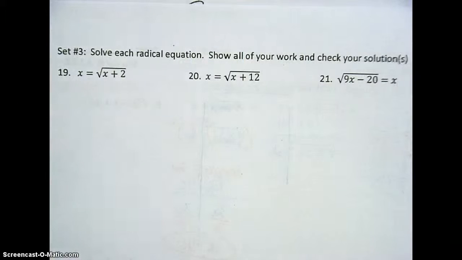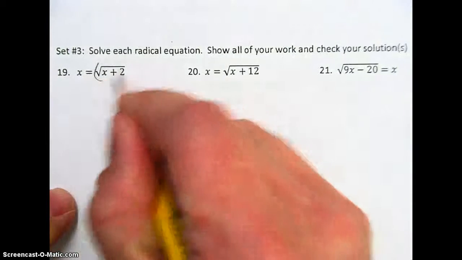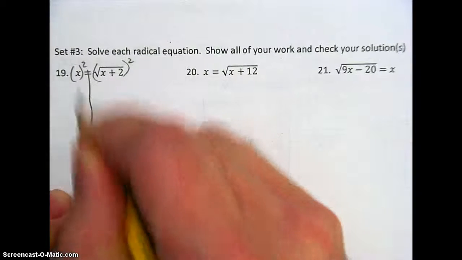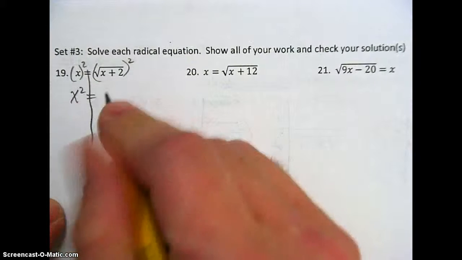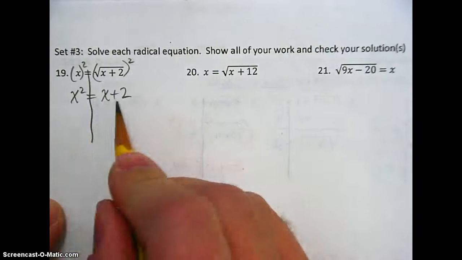Hey, just so you guys understand why we're doing the factoring review, this is set 3. In set 3, you've got to go through and square each side to get rid of this radical, but when you square each side, what do you get on this side? X squared. And over here you get X plus 2. So you get x squared equals x plus 2.